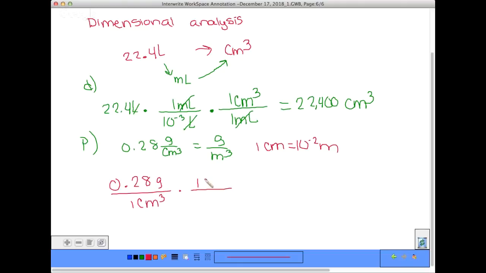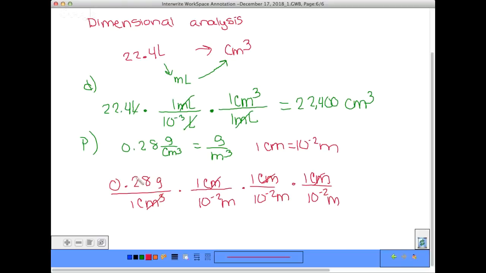So I'm going to have 1 centimeter over 10 to the negative 2 meters, times 1 centimeter over 10 to the negative 2 meters, times 1 centimeter over 10 to the negative 2 meters. Notice that I have 3 centimeters multiplied together, so those all cancel out with this 1 centimeter right here. And if I multiply all of these meters together, I will get meters cubed.